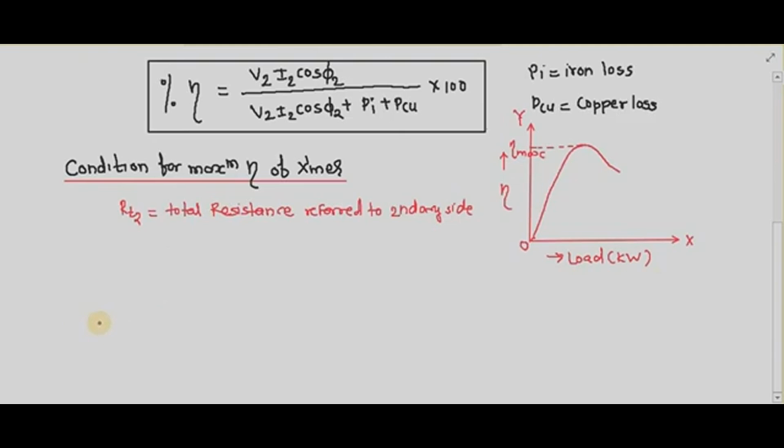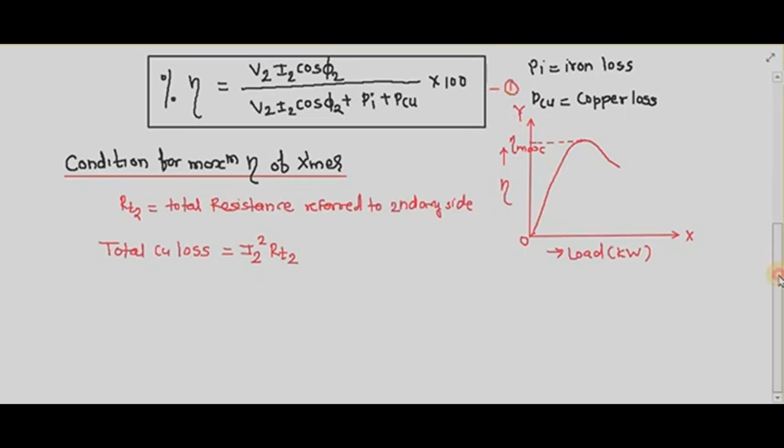Then for any load current I2, what is my total copper loss? Total copper loss for any load current I2 is I2 square RT2, right? So this is your equation number 1.